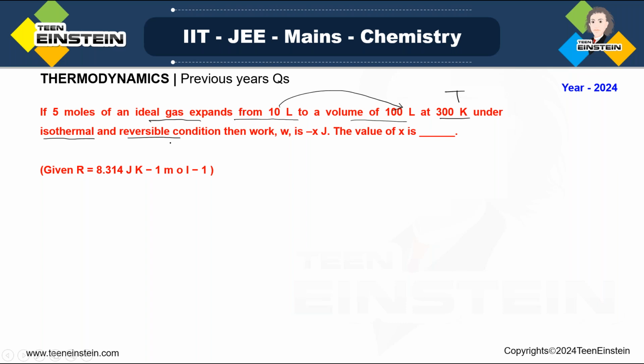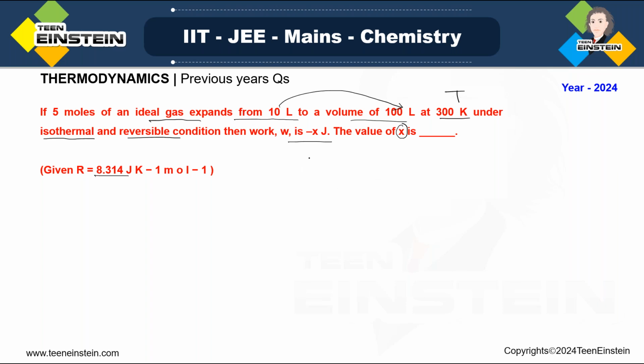Isothermal means temperature is fixed, and there is reversible condition also. Under this condition we have to find the work done, in the format minus x, but we just need the value of x, so it should be positive. Okay, and the universal gas constant R value in joule per Kelvin per mole is also given.